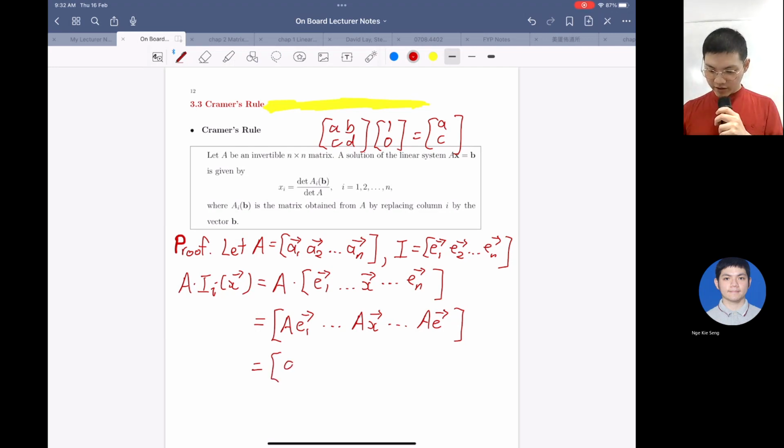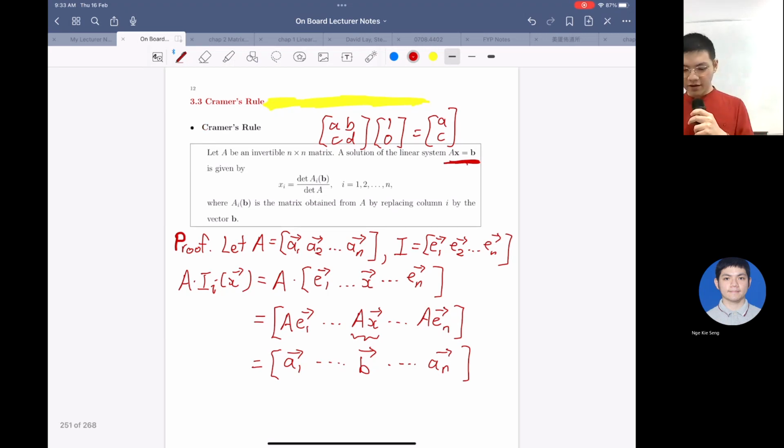We let it act on the standard basis and then read out the columns of A. So this will return the column vector of A, and then A x, which is the matrix equation that you want, will get you b, and the rest is still the column vectors from A. So you replace the ith column with b now.